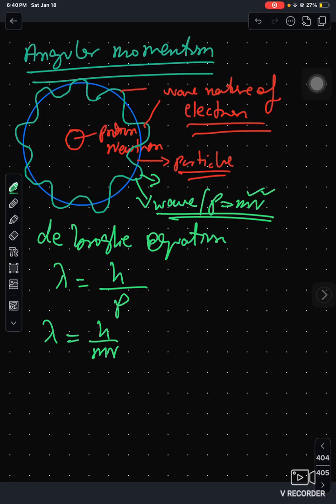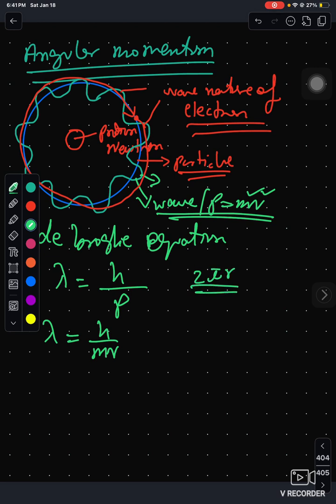One more thing over here, if we notice, did you notice something here, that if I start from this point and move around the whole circle, I return to the same point, which is what? It's the circumference. 2 pi r is the circumference.